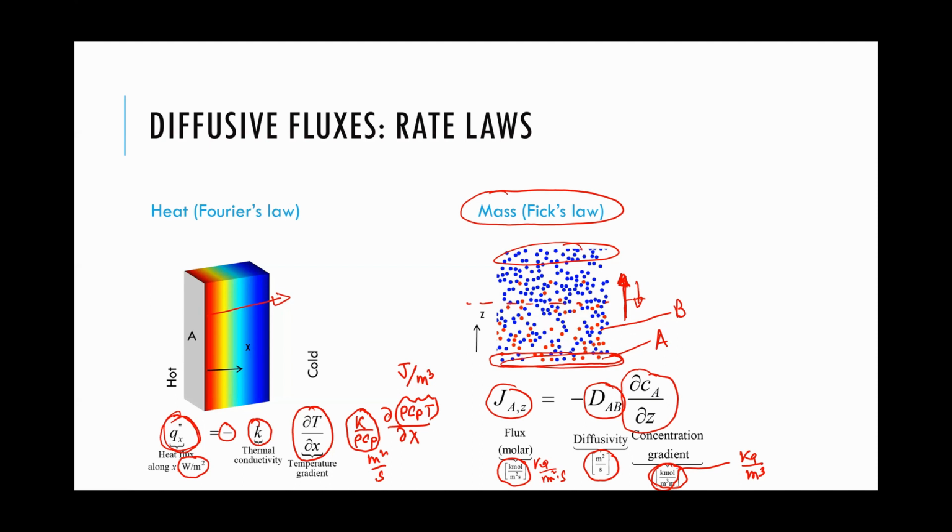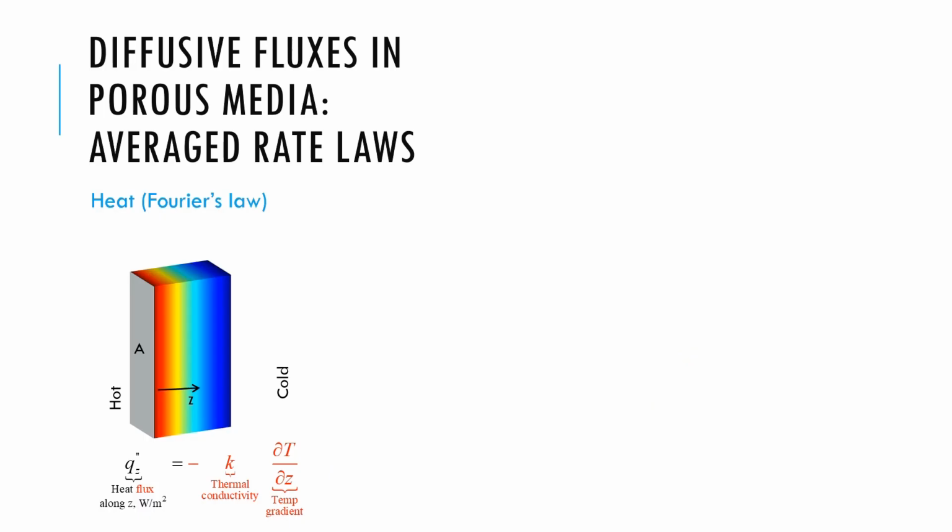So this was a recap. Most of you know this already, but this is for a simple two-component system. Now we're going to extend this to porous medium. We're going to now extend those diffusive flux laws that we just saw into porous media.